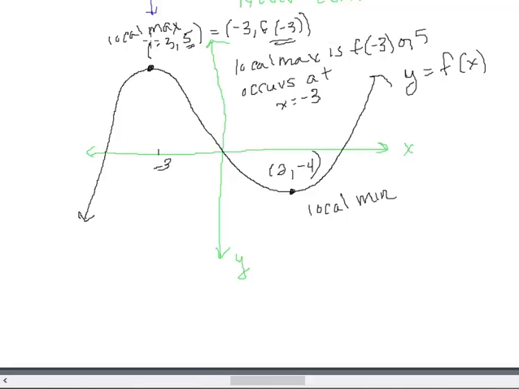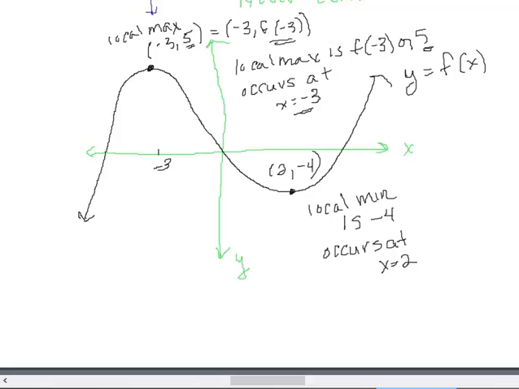So we would say the local max value, or the local max, is 5, and it occurs at x equals negative 3. Likewise, when we're talking about the local min, we would say the local min is negative 4, and it occurs at x equals 2.